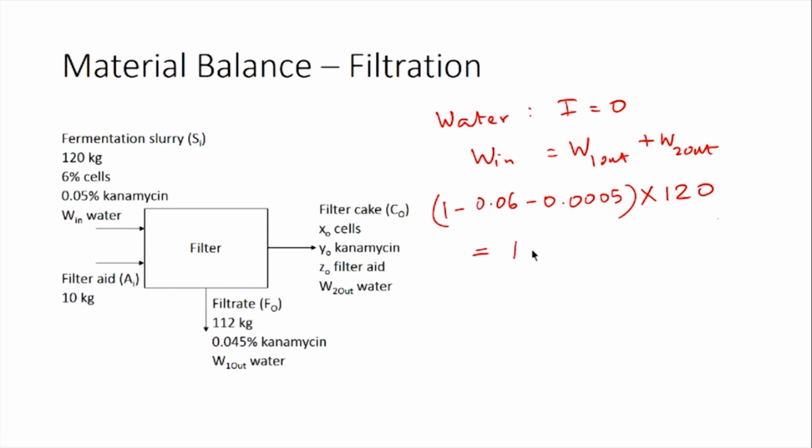So, the mass fraction of water would be 1 minus 0.00045 times the mass which is 112, giving you the total mass of water leaving the system through the filtrate. We need to calculate the mass of water leaving through the filter cake, which is W2 out. From here we can calculate W2 out as 0.79 kilograms. So, 0.79 kilograms of water leaves the system along with the filter cake.